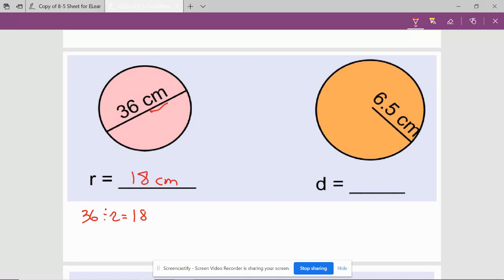Our diameter is our radius times 2, so 6.5 times 2, and that is equal to 13, in centimeters as well. So our diameter is the radius times 2, and our radius is the diameter divided by 2. Make sure that we keep that in mind as we go forward.